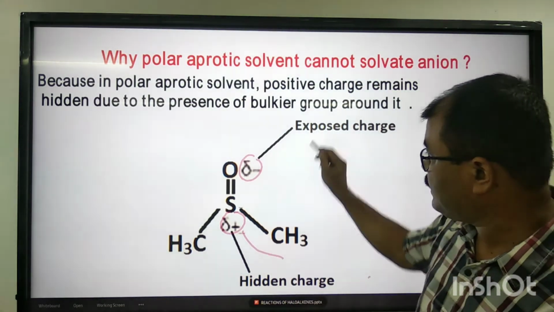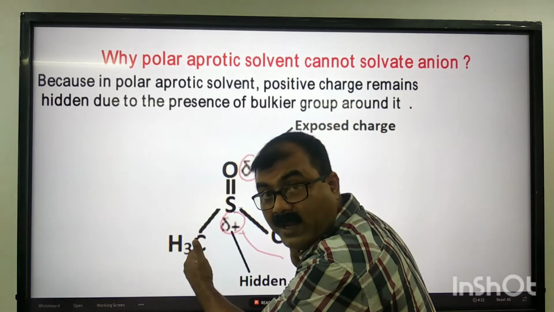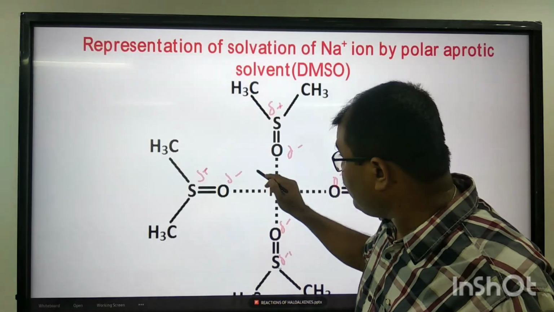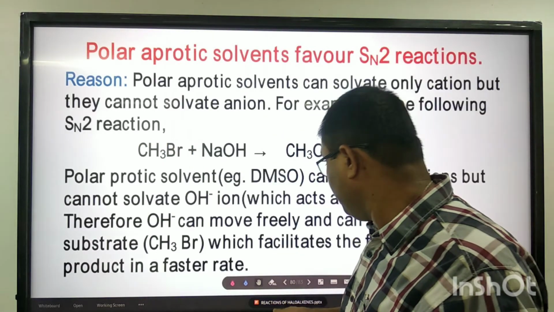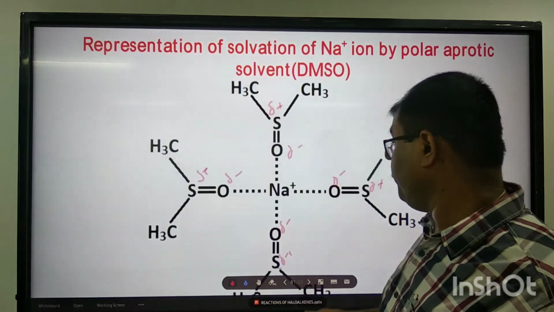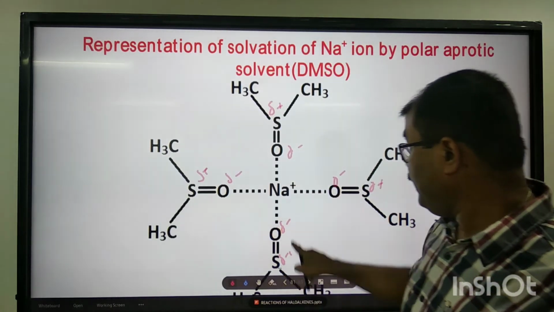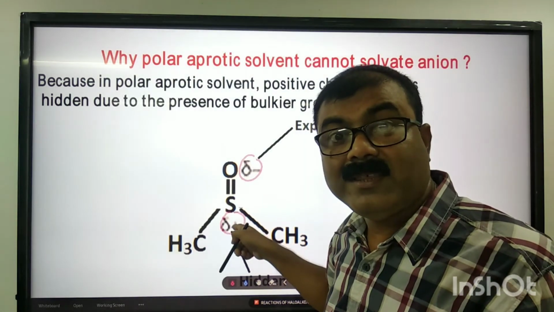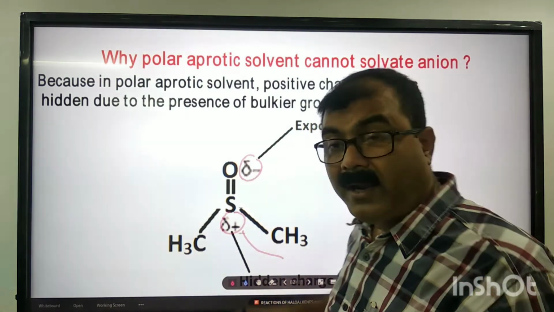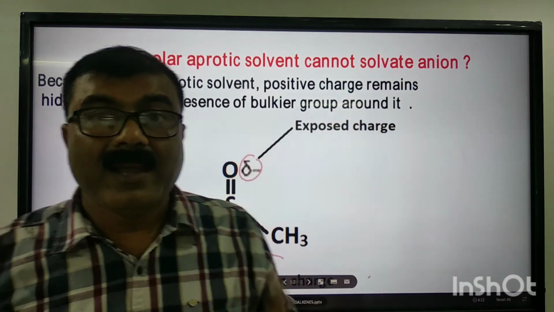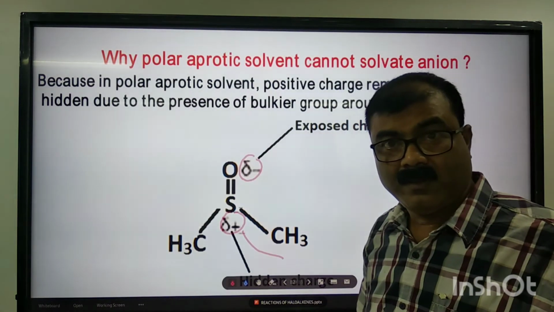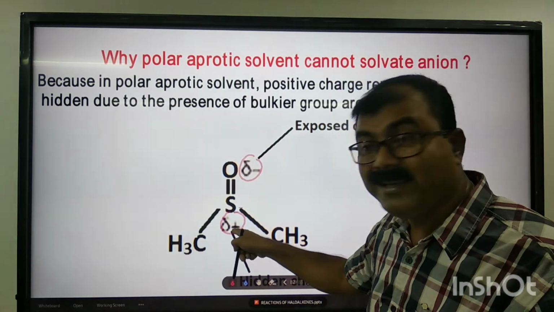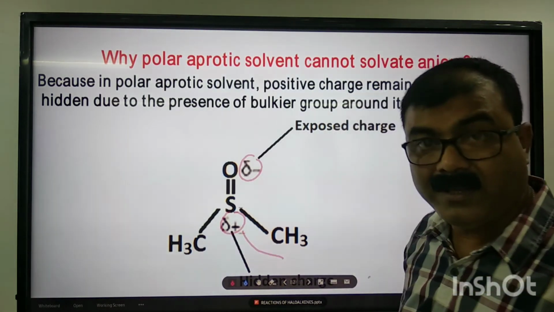The negative end is exposed because of these two bulkier groups. That is why in polar aprotic solvent, cations are solvated, not anions, because the positive charge is hidden. This is the reason.